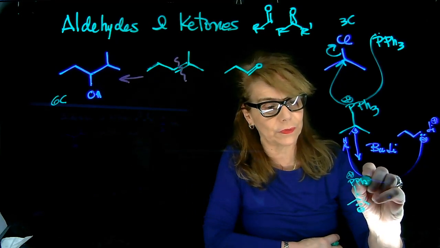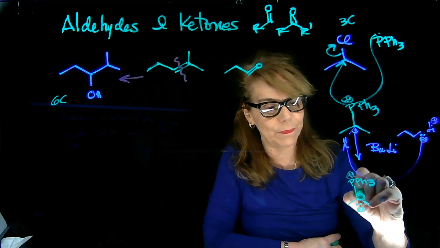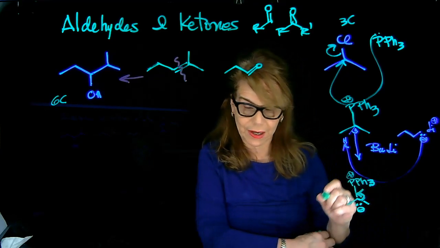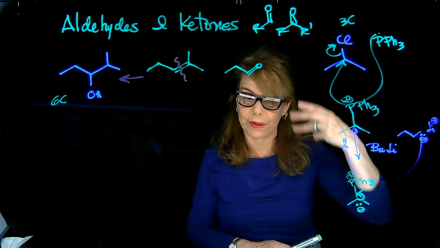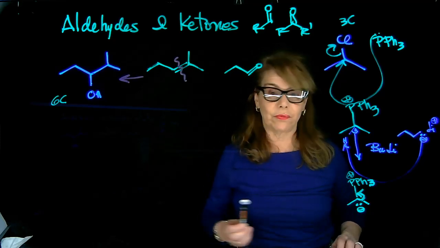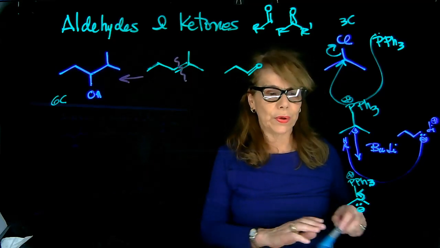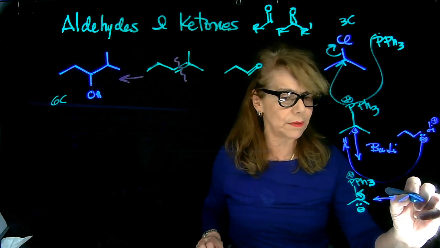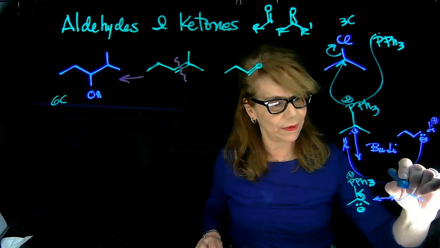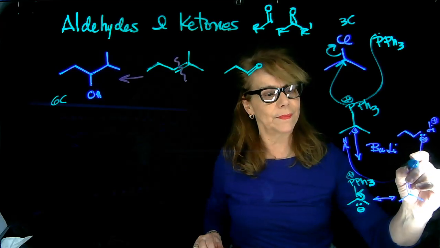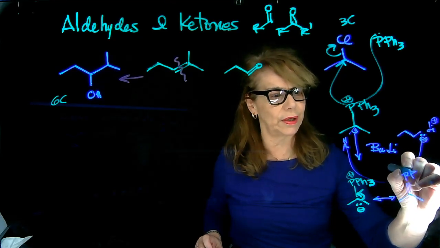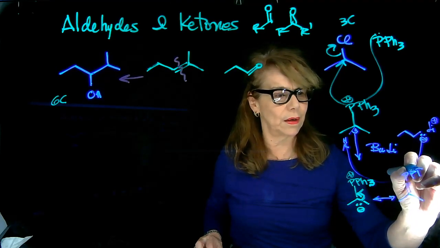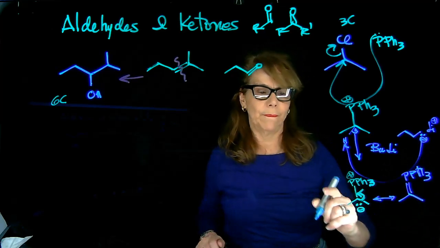Remember that phosphorus can have more than 8 electrons around because it is in that 3rd period of the periodic table. It's right under nitrogen. So now in doing that, I'm making the resonance structure so that we can see better what it is that we will be inserting. So now the resonance structure is this PPh3.